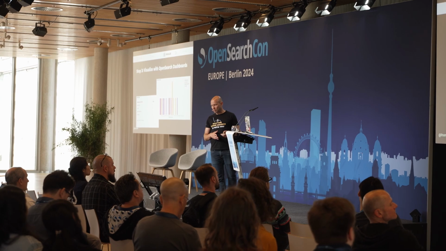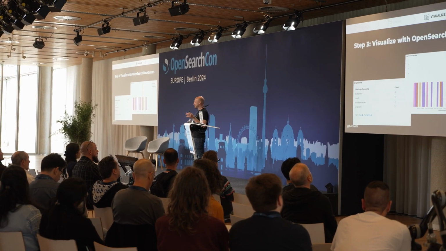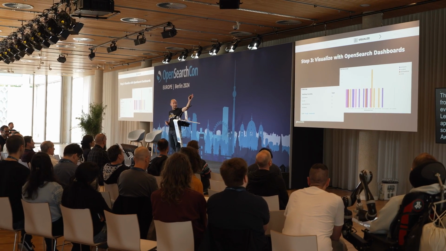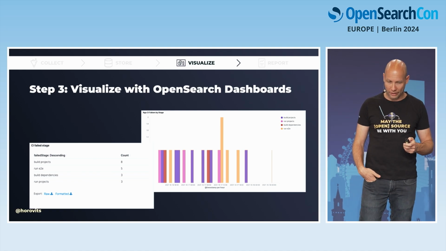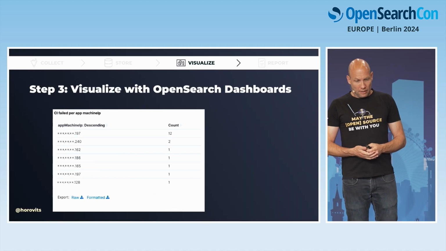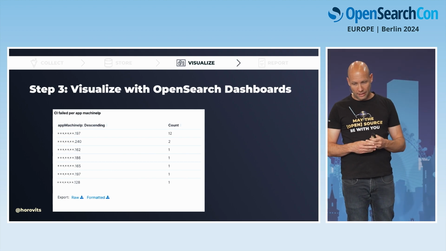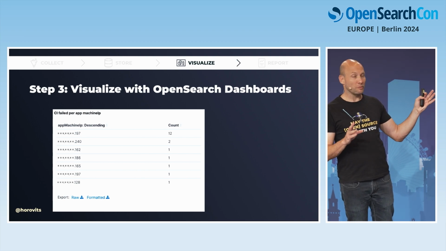Next, finding problematic steps. For that, we created this visualization of failures segmented by pipeline steps. So again, very easy to see a suddenly spiking step that had many more failures. Let's now talk about detecting problematic build machines. Again, visualizing failures segmented by machine, and that proved to be very, very useful.